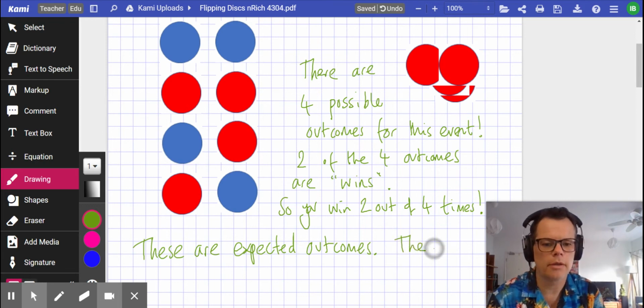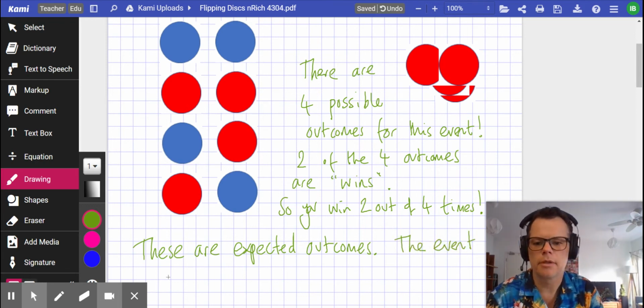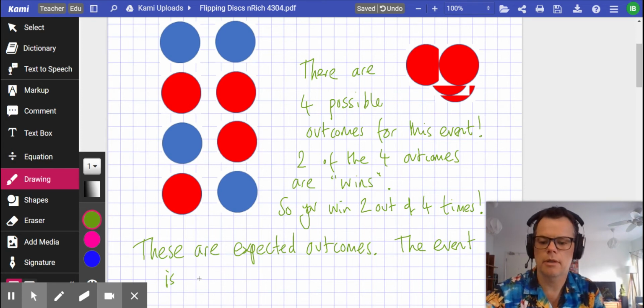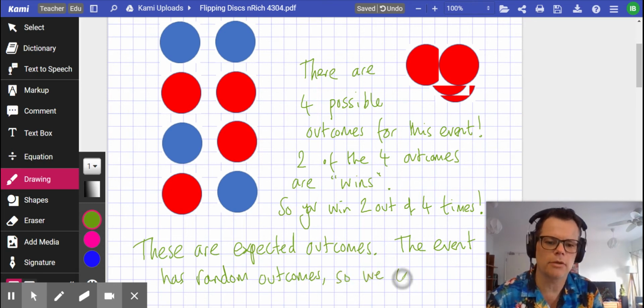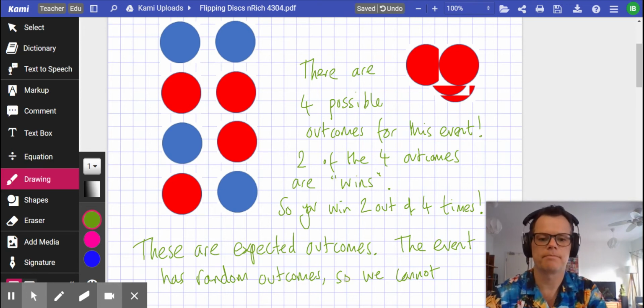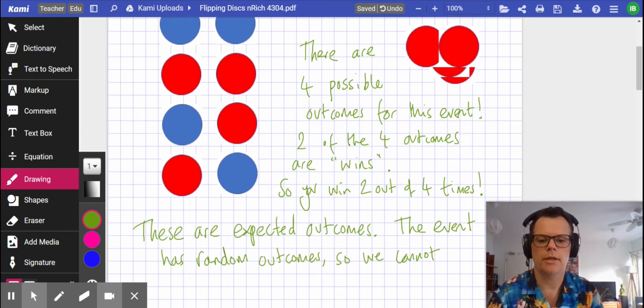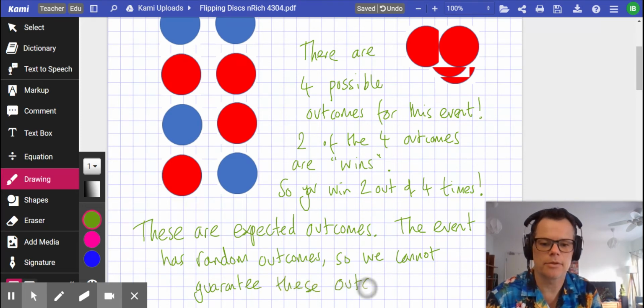The event has random outcomes. So we cannot guarantee these outcomes.